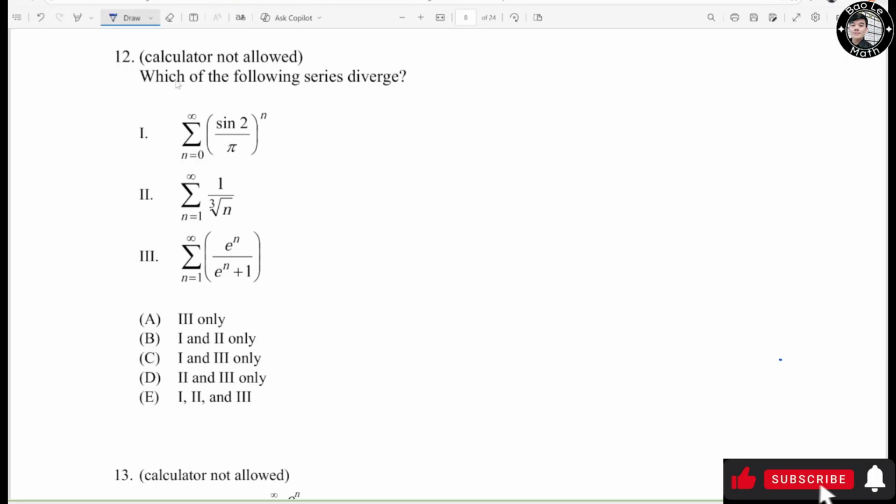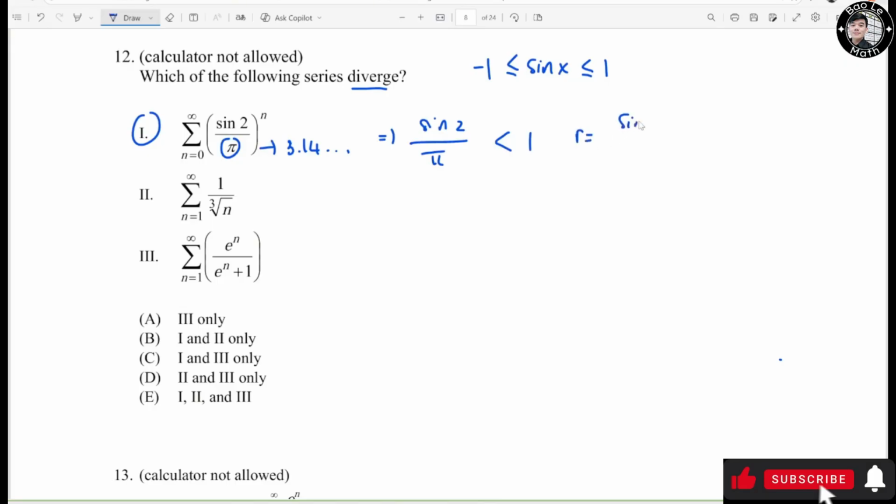Now let's move on to question 12. Which of the following series diverges? Number 1. Observe that sine is always less than or equal to 1 and greater than or equal to -1, and pi is approximately 3.14. So sine 2 divided by pi is always less than 1, and this is a geometric series where the common ratio sine 2 over pi is less than 1.